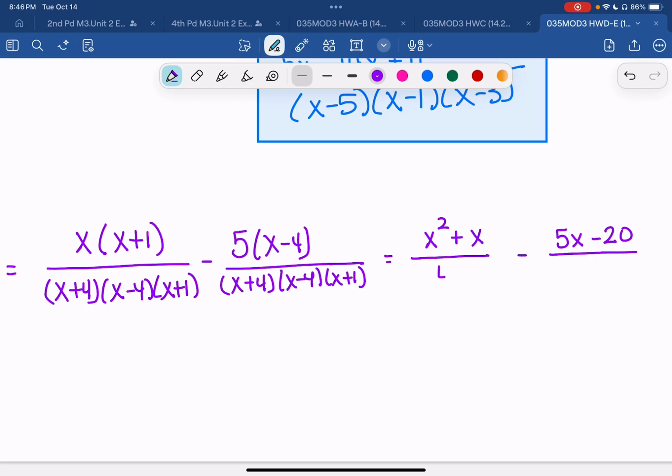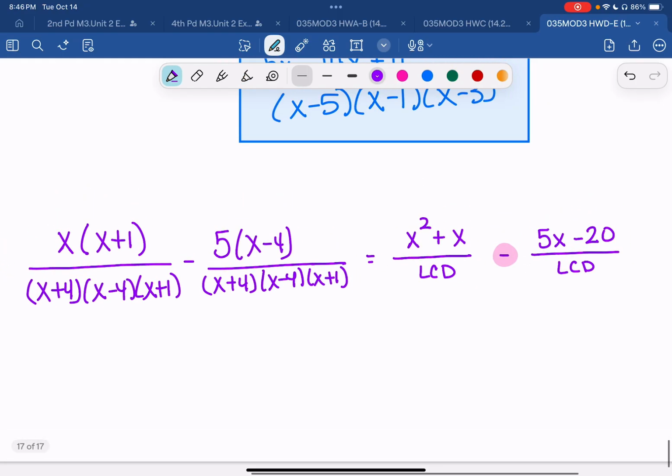This is your LCD. I'm not writing all that out right now because I want to talk about this sign and I don't want all that extra stuff to confuse us and get in the way. Right here. You have to be very careful with this, okay? When you are doing multiplication and you combine this into one fraction, we've now got this one LCD. And we're going to combine this and write it as one fraction.